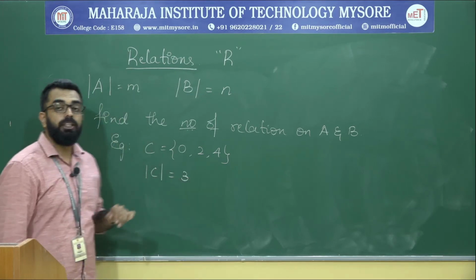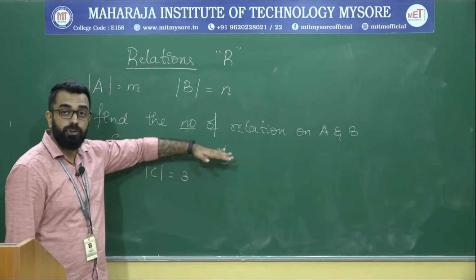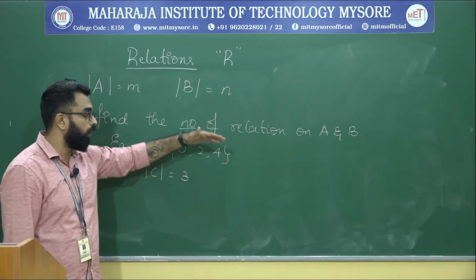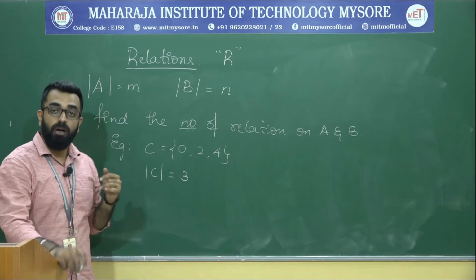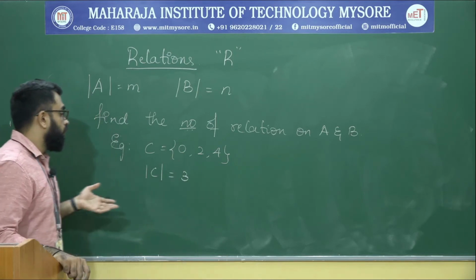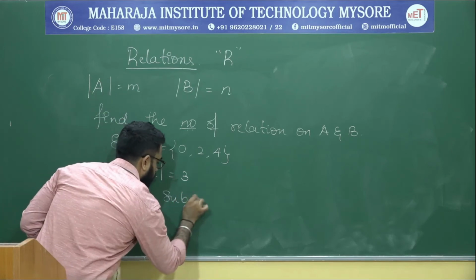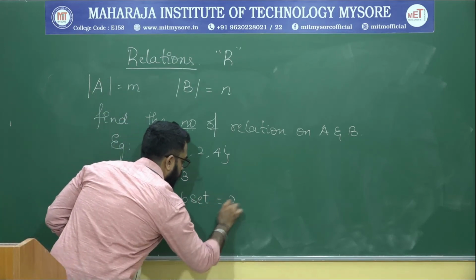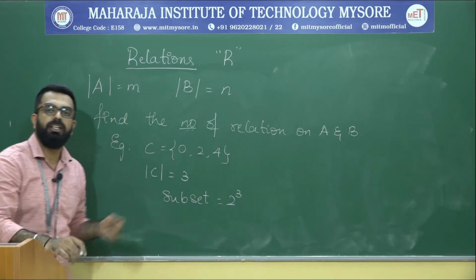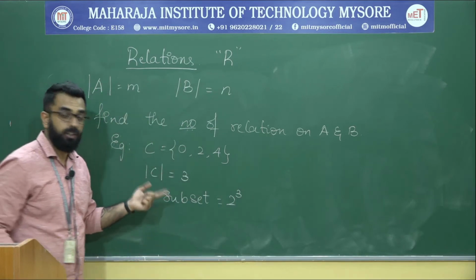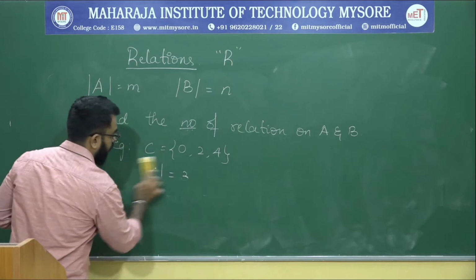This definition you should already know: the total number of subsets of any given set is 2 to the power of the size of the given set. Remember this definition.